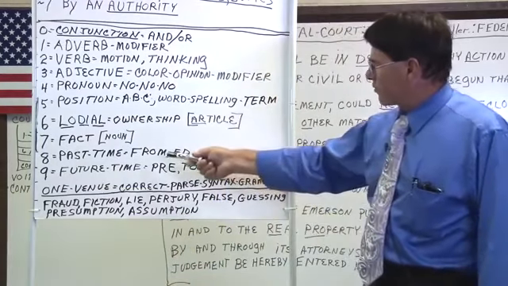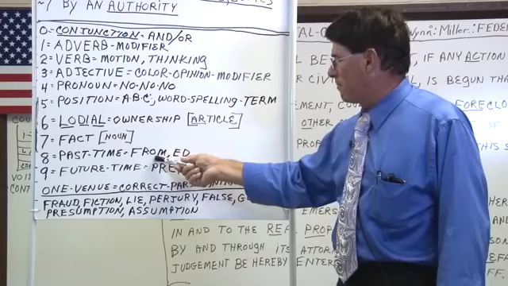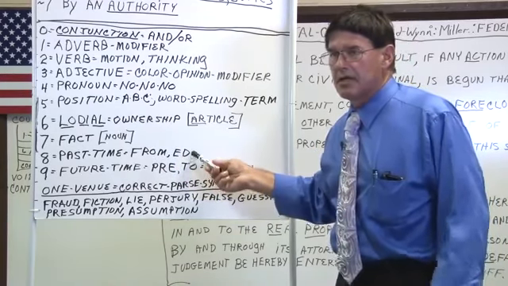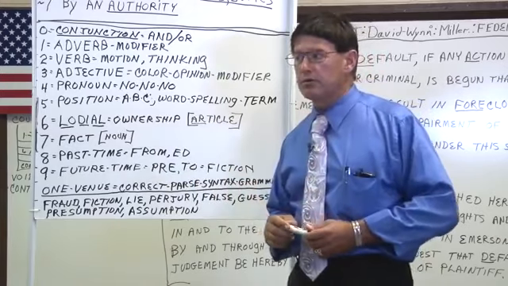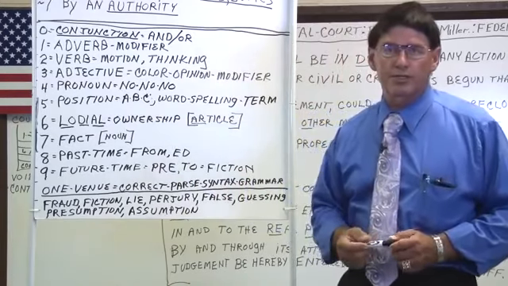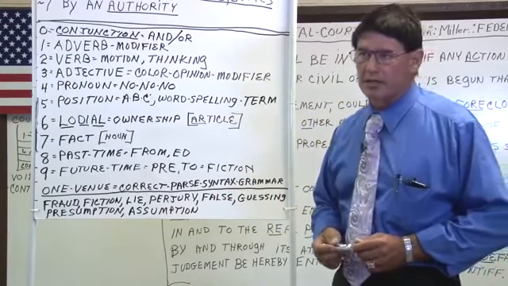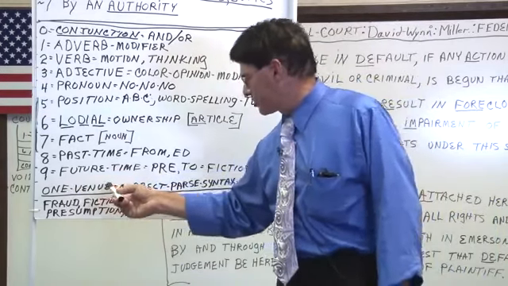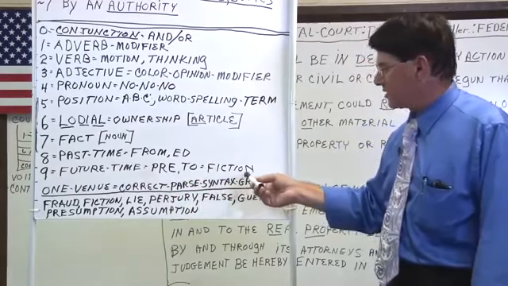Now the past can be a word used as from, or any word ending in ed would represent a past. When we went to school, they taught us that a sentence must be one thought. So we have a one venue or one condition of thought, which is the correct parse syntax grammar.